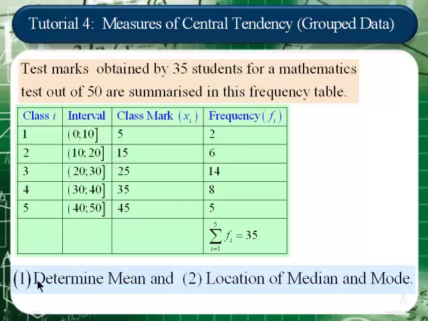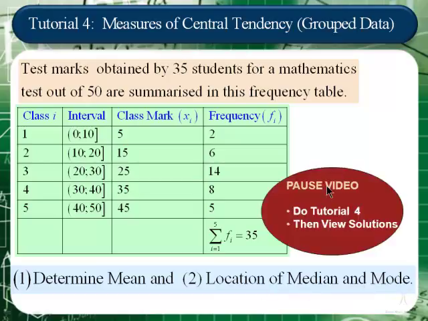You need to estimate the mean for this data, as well as determine the location of the median and the mode. So you need to determine the median class and the modal class. I suggest that you pause the video, do tutorial 4, and then come back and view possible solutions.